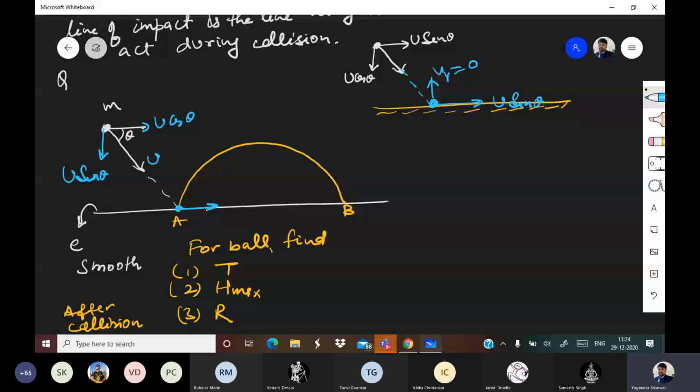This component will be u cos theta as it is. This component will be eu sine theta. So T will be 2uy by g. Uy is eu sine theta, so 2 into eu sine theta by g.